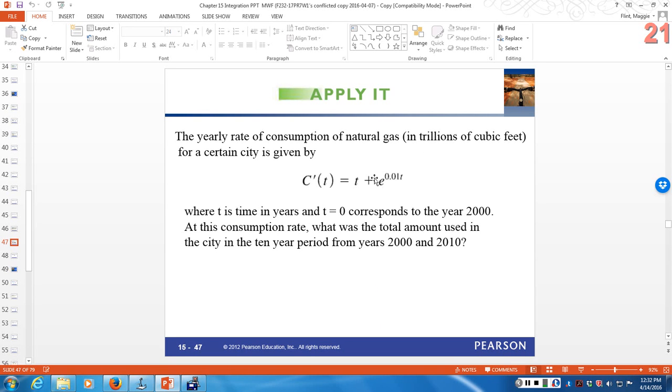So, I mean, this is a realistic function. And this is measured in trillions of cubic feet. Time is in years, and t equals 0 corresponds to 2000. Then we wanted to know what the total amount used in the 10-year period from 2000 to 2010 is. We would integrate this function from 0 to 10.